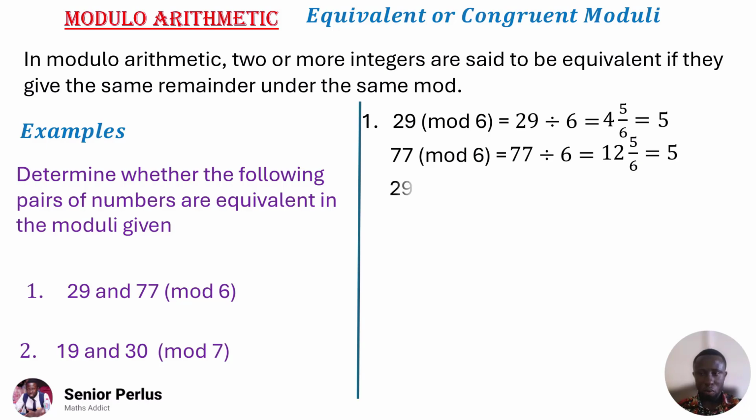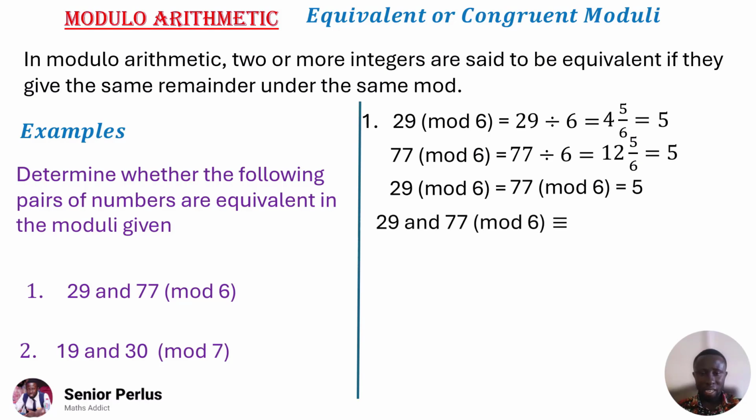So you can conclude that 77 mod 6 is 5, the same as 29 mod 6, so they are congruent or equivalent. 29 and 77 mod 6 are congruent to 5 mod 6, which is 5.